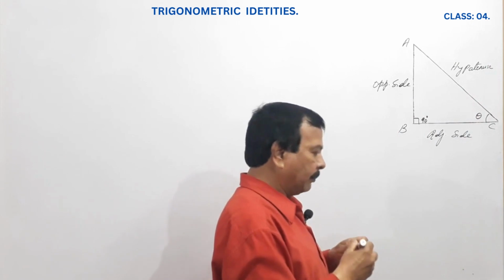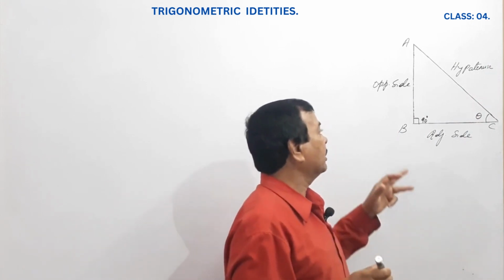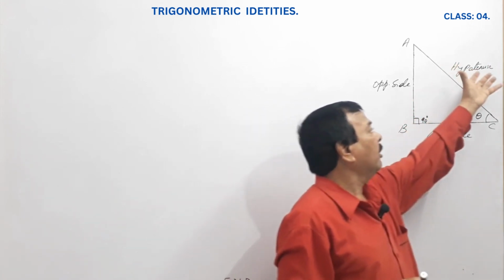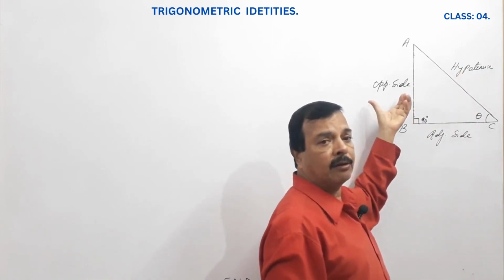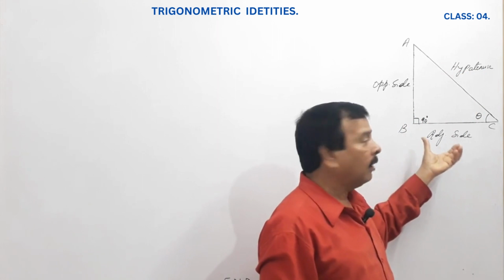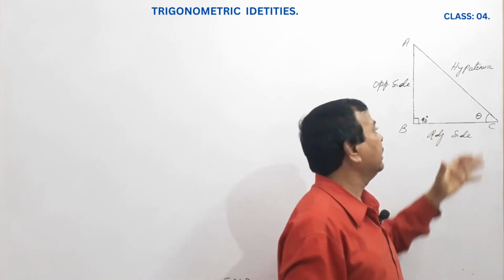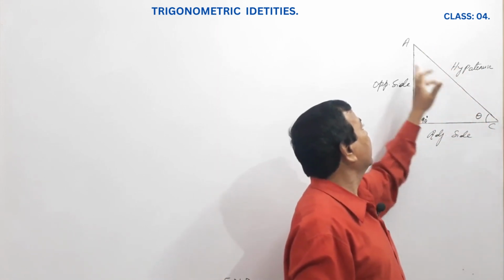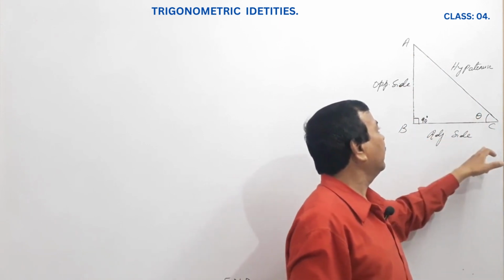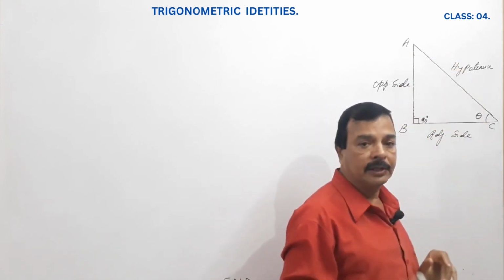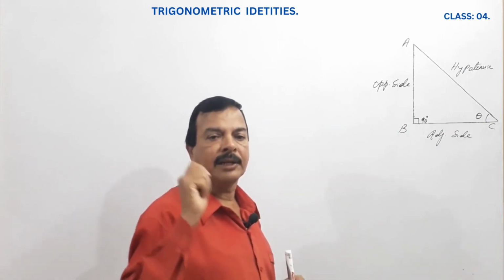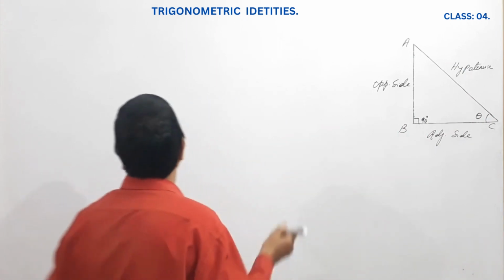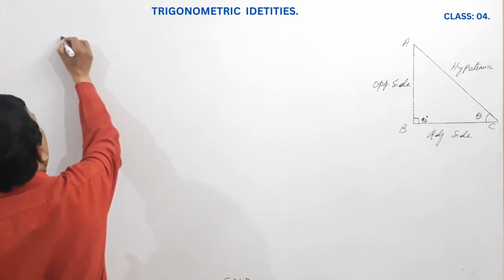So what Pythagoras theorem says is the square on the hypotenuse is equal to the sum of the squares of the other two sides. That is AB square plus BC square equals AC square. That is our Pythagoras theorem. In order to respect that gentleman, let us write what is Pythagoras theorem.